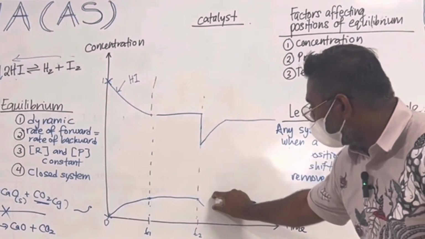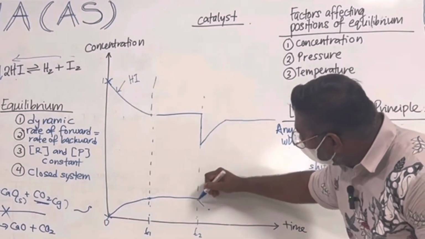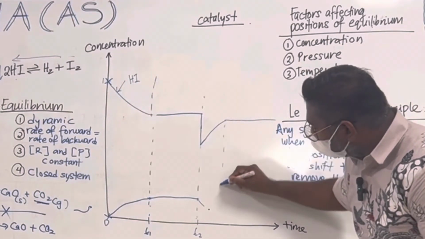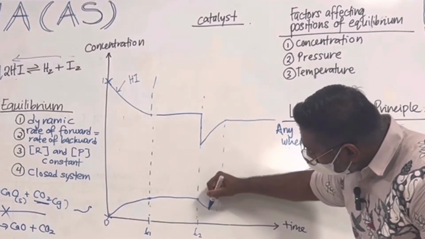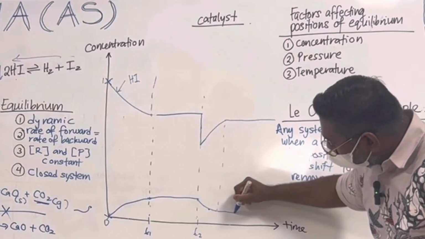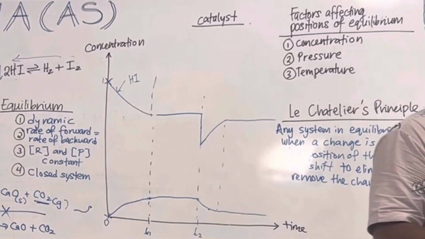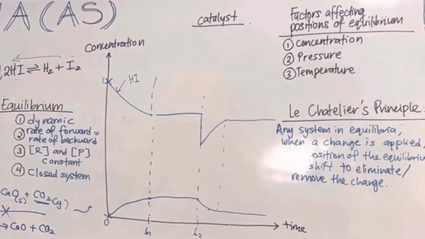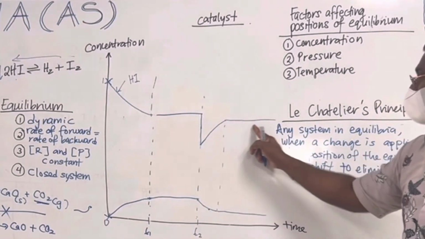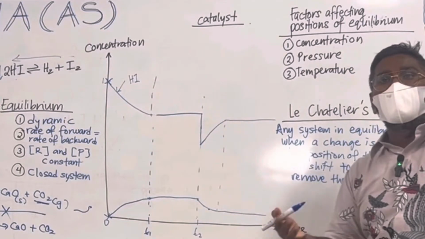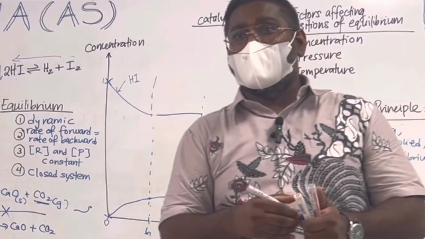So I take half of it, maybe up to here. And then this is the time. So maybe up to here. This is what we call the position of the equilibrium is shifted. And this is going to be your new equilibrium. Okay, I hope you understand this.